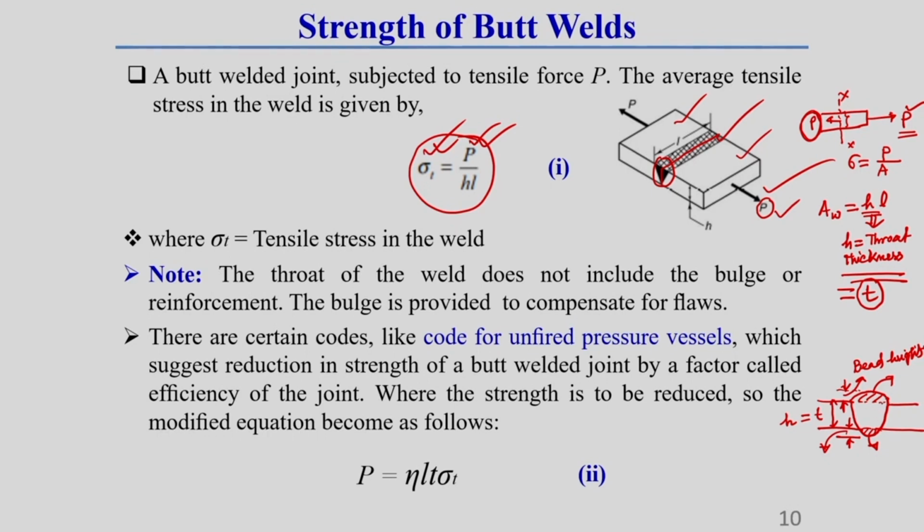Generally this upper bulging part and lower bulging part are not required to be considered, because here we should consider the throat thickness region for calculation purposes. This plate is subjected to the load along its thickness direction only.